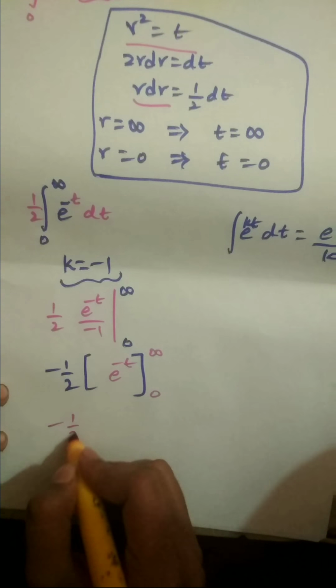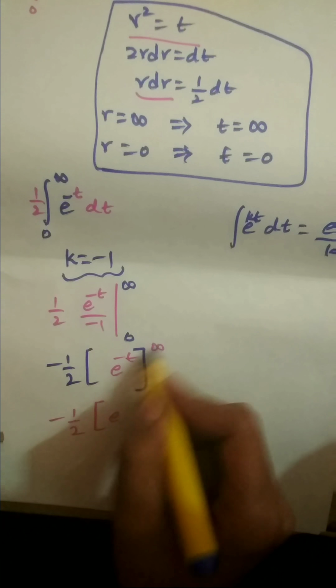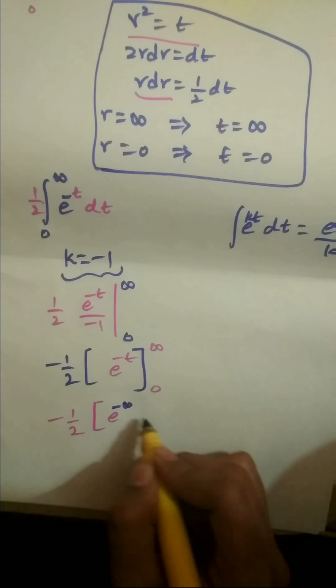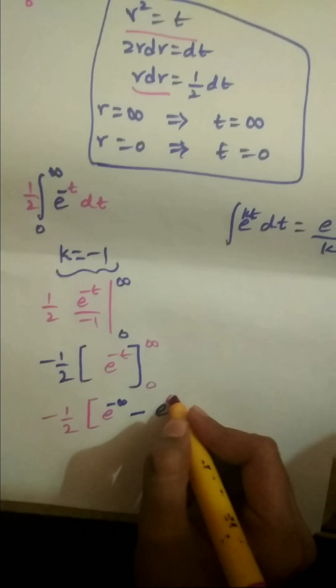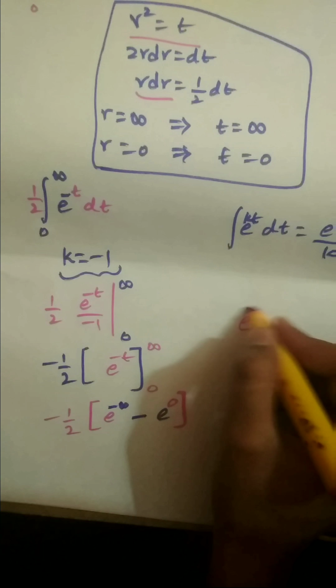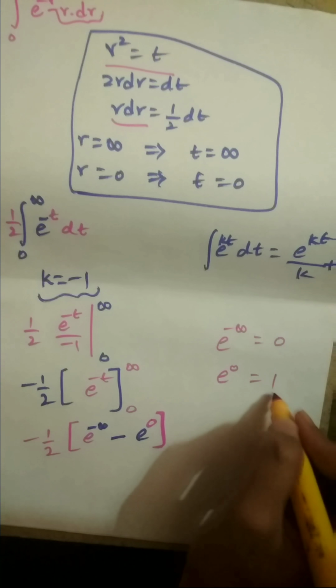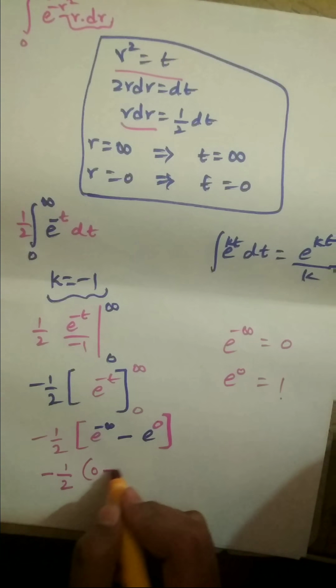Minus 1 by 2 into e power, substituting, e power minus infinity minus e to the power of 0. E to the power of minus infinity equal to 0, where e power 0 equal to 1. This is minus 1 by 2 into 0 minus 1.